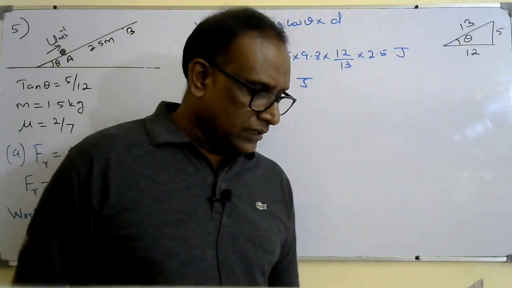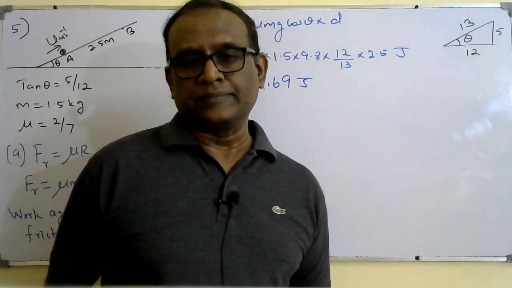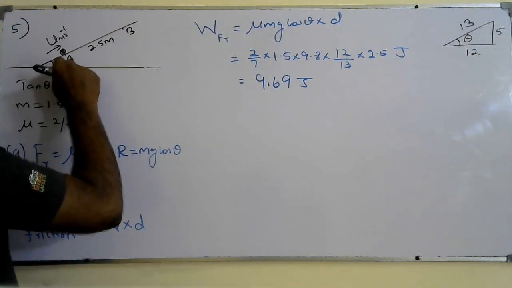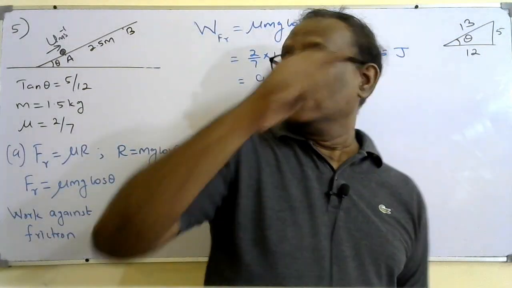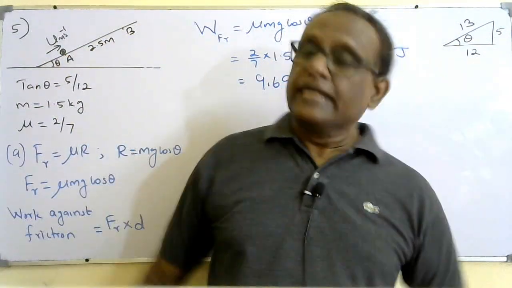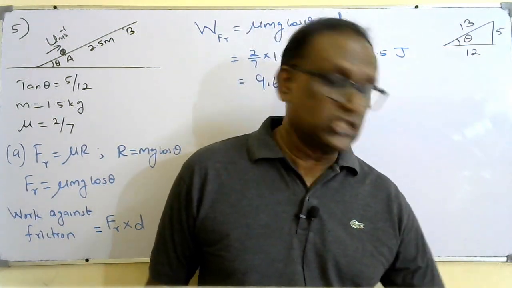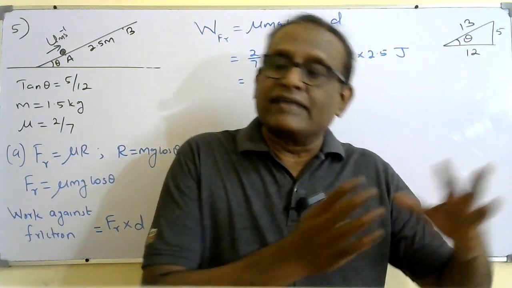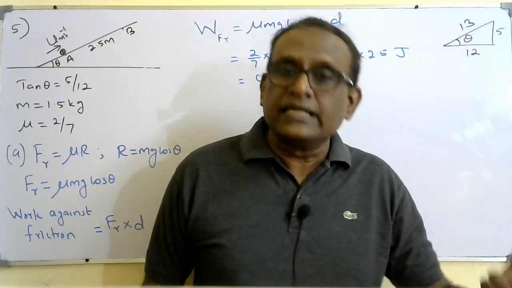Now B part, use the work energy principle to find u. It was projected, just thrown. So when it moves from A to B, what energy changes occur? When it moves along the slope, it's losing kinetic energy. That's only one type of energy change. Loss in kinetic energy equals gain in gravitational potential energy, because height is increasing, and there is work done against friction.